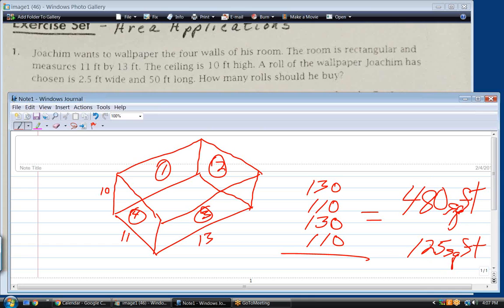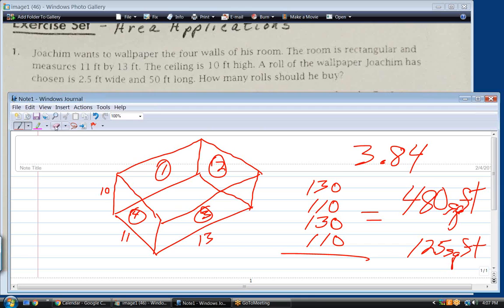Each roll has 125 square feet in it. How do I find out how many rolls I need? Divide 480 by 125. What do you get? 3.84, so you have to round it to 4. Yes, because you can't buy a 0.84 roll of wallpaper, so you'd have to get 4.